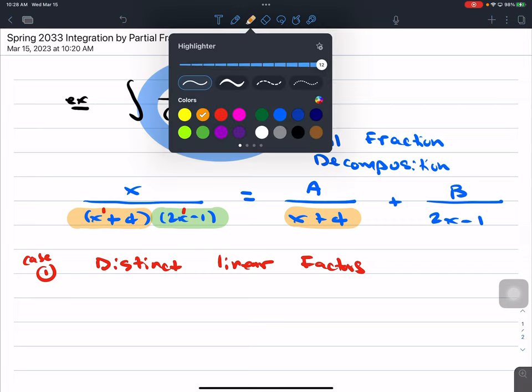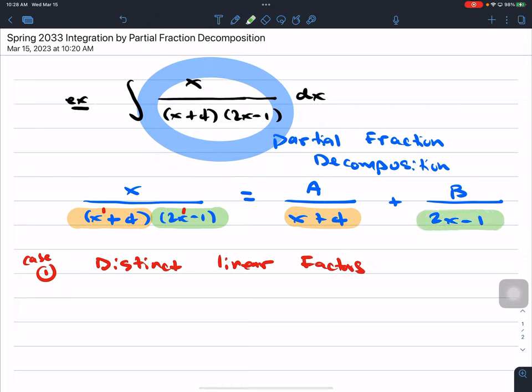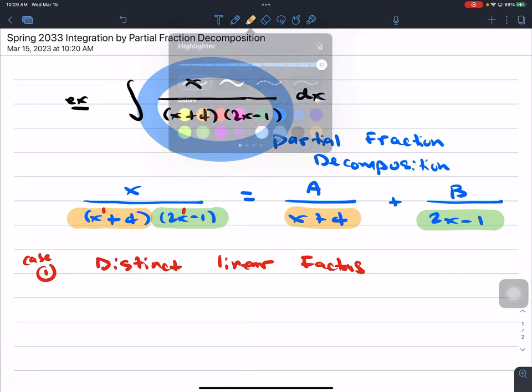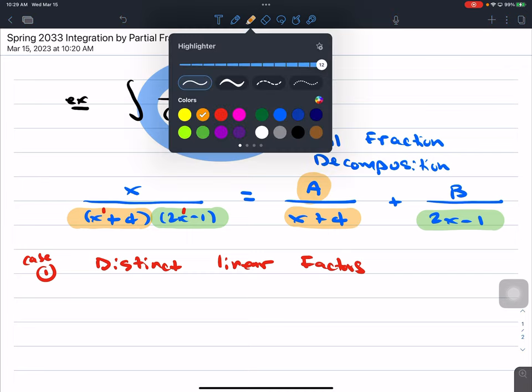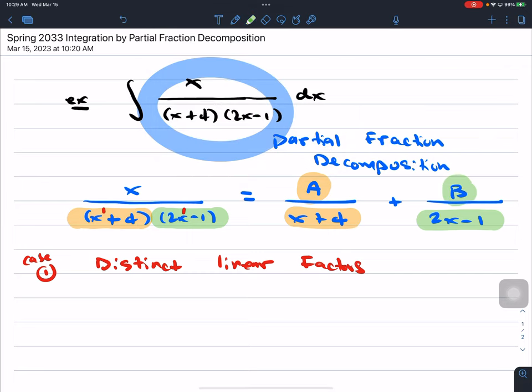And so I want you guys to see that it doesn't matter if you have 3 linear factors, then that would be a C. Hopefully you don't. But we call this distinct linear factors, meaning different factors. So we're going to look at the different cases for partial fraction decomposition. Now, A and B, that's the whole idea. We need to find a constant A and a constant B. Those are constants, capital A, capital B.